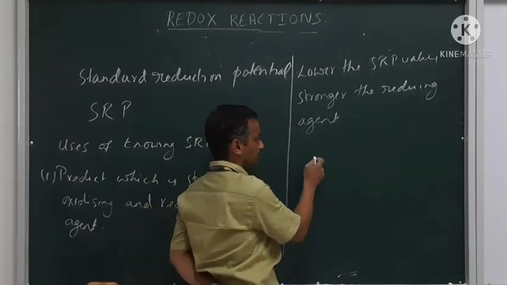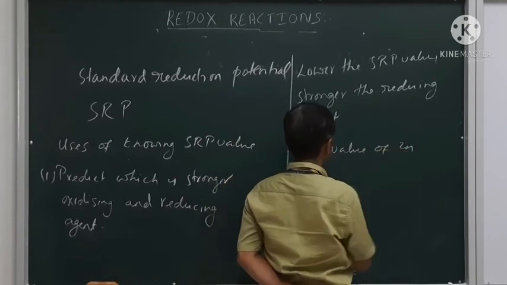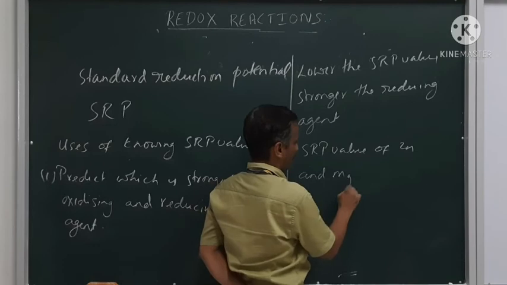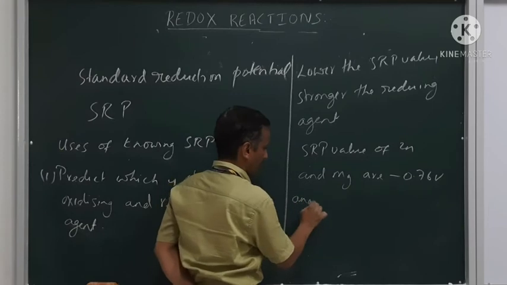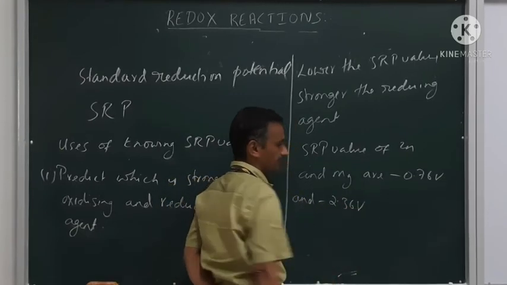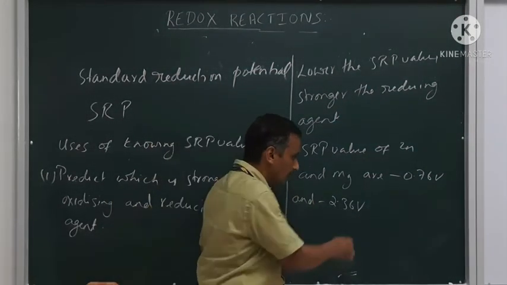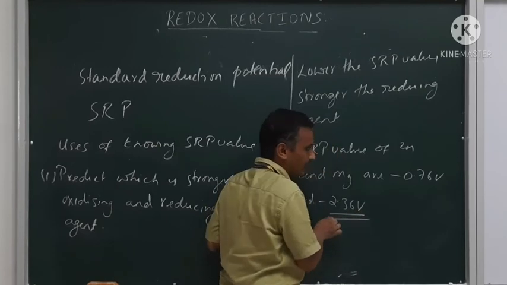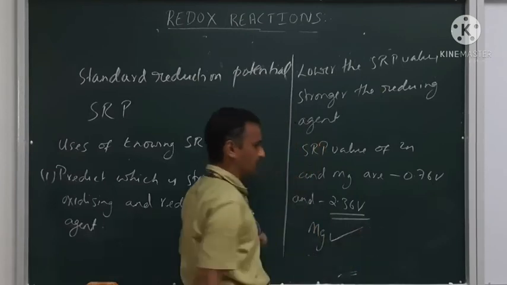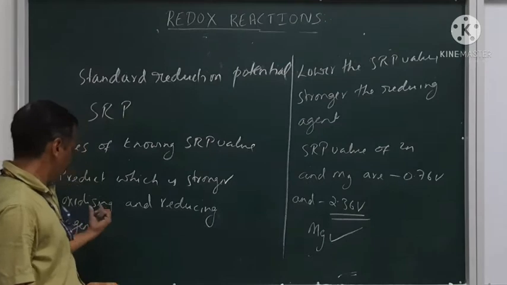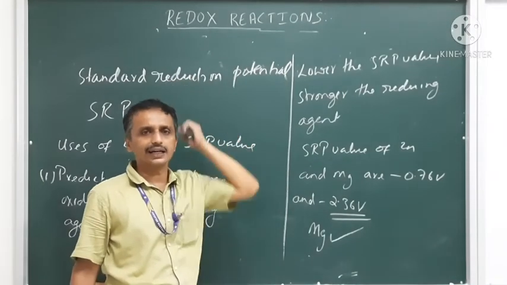Just here, the SRP values of zinc and magnesium are minus 0.76 volt and minus 2.36 volt. Which is the better reducing agent? Minus 2.36 is the lesser value than this, therefore magnesium is the better reducing agent. So by knowing the SRP value, I can predict which is the better reducing agent.